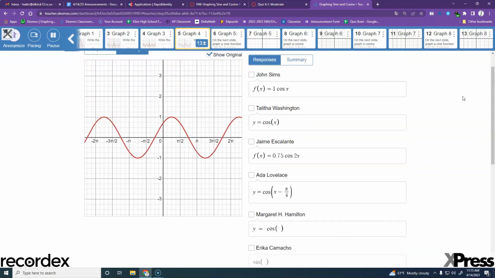So think about, if you're going from 0 to pi over 2, if you're taking half of that, it would be pi over 2 times 1/2, pi over 4. So the increments in between would be increments of pi over 4, which you will need to know for this.